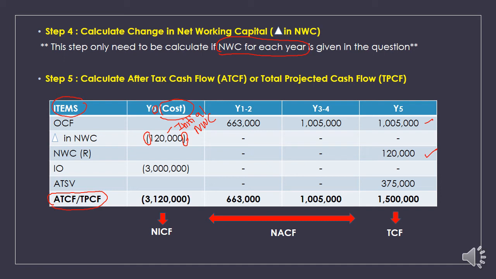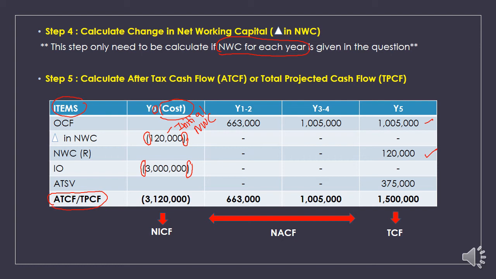So you just add 3 million here, and because year 0 represents cost, you must include brackets here. For IO, the amount is only incurred at year 0, so you can ignore IO for year 1 until year 5. There is no amount here since IO is only incurred at year 0, representing the cost at the beginning of the project.